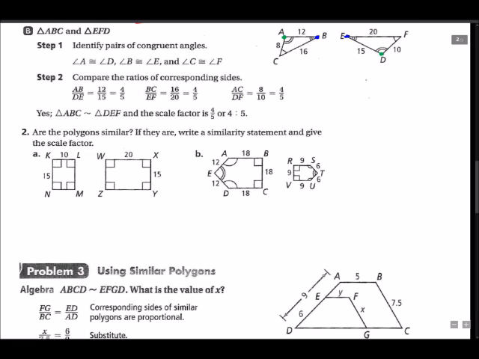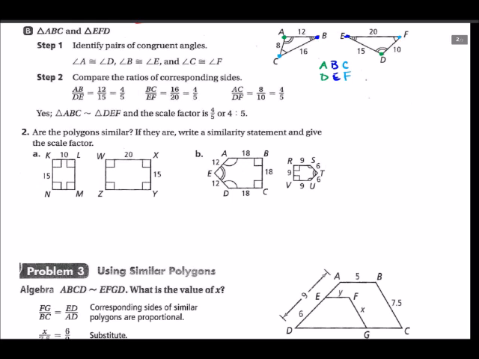B is E. And then we would go B to C, and E would come over to F. So our order here, A matches up to D, B matches up to E, and C matches up to F. Those would be our corresponding congruent angles.